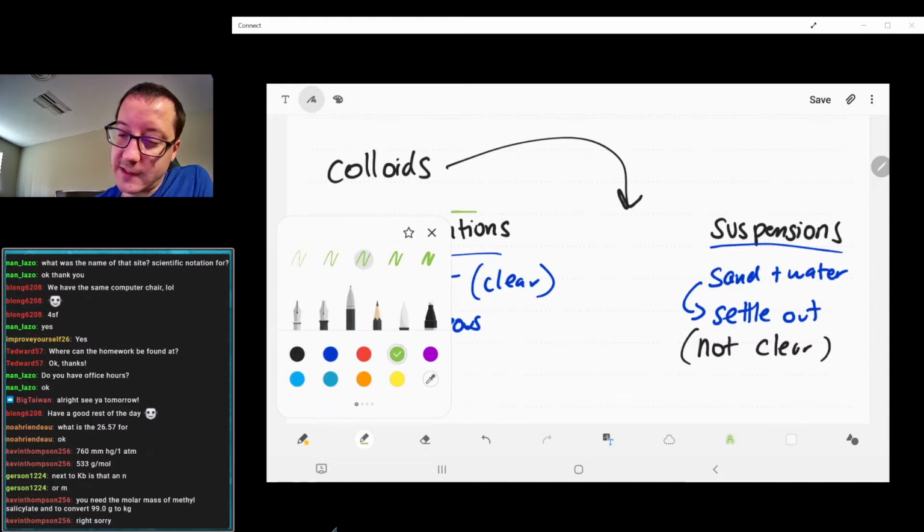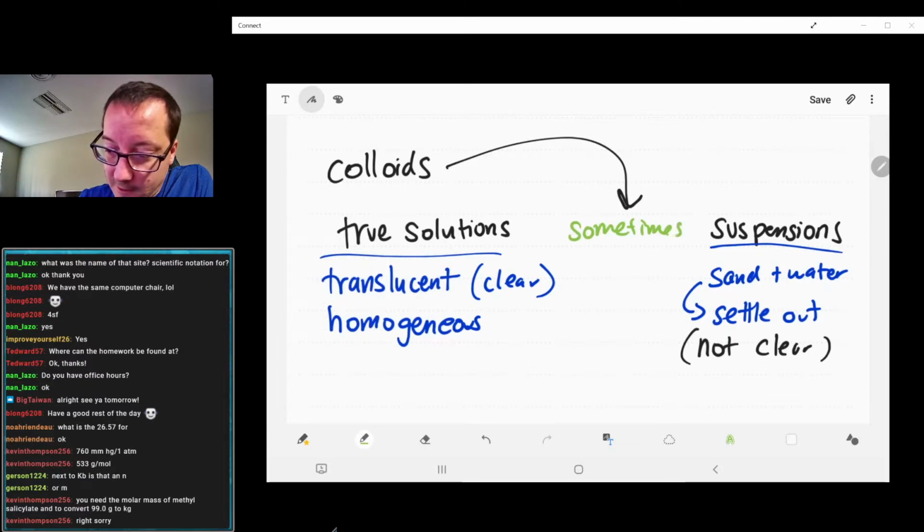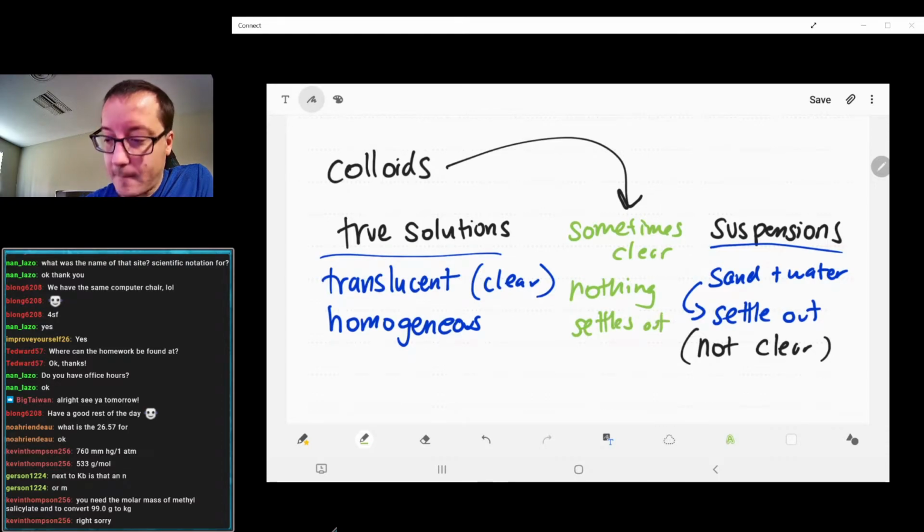Colloids have properties that they are sometimes clear, but nothing ever settles in a true colloid. So colloids are kind of in between real solutions and suspensions. So they're just kind of the intermediate ones.